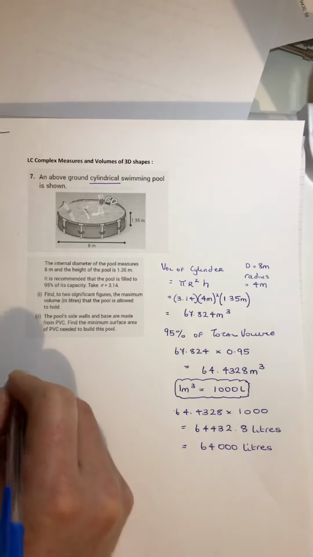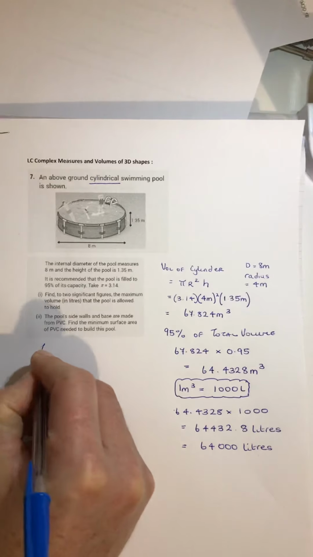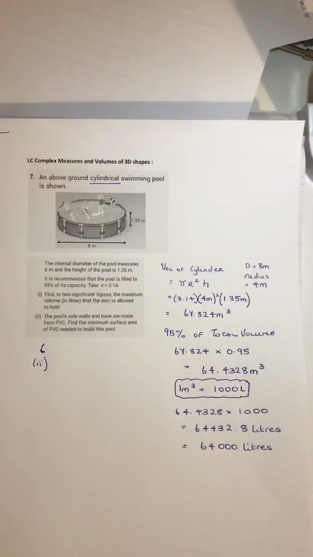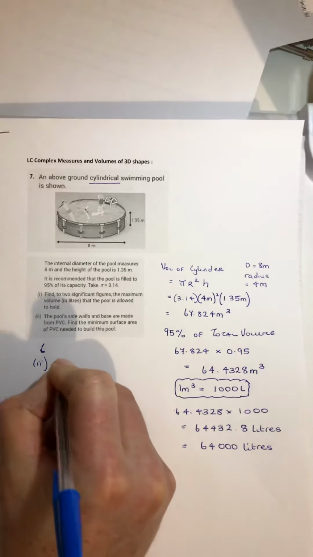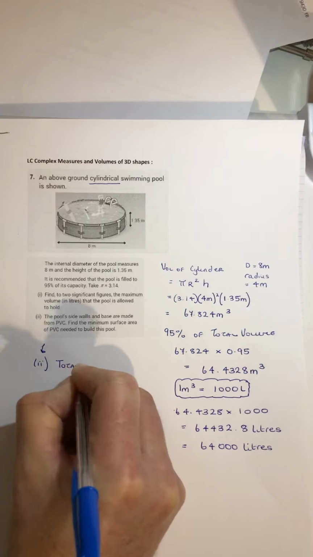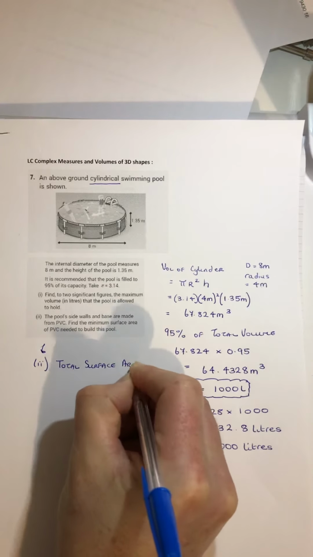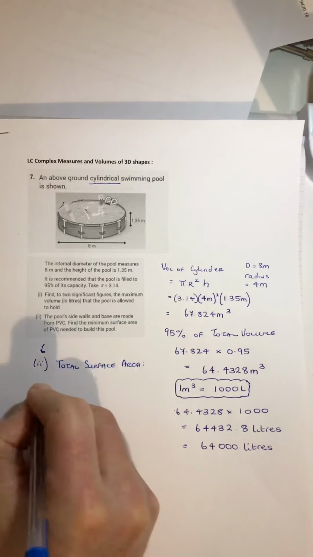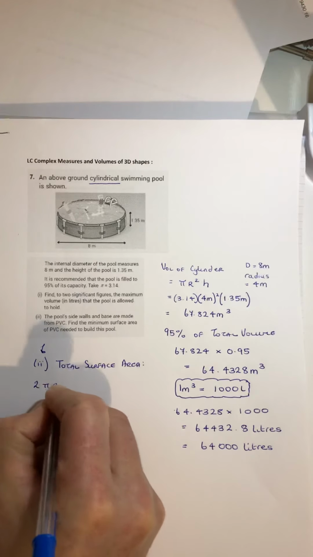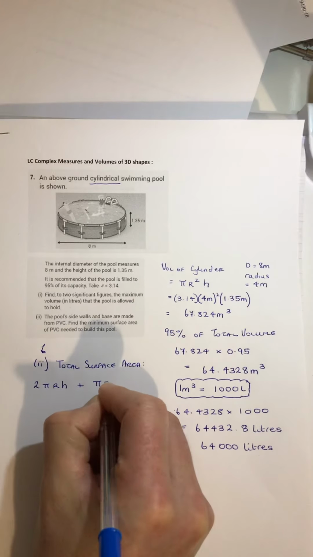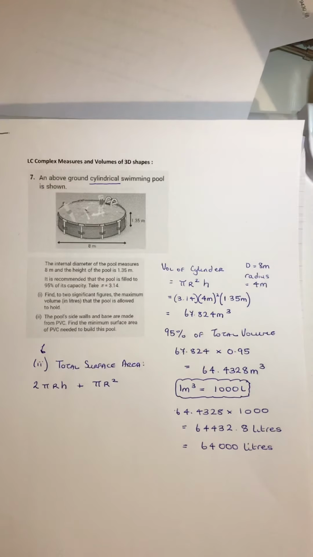Now, the pool sides and walls, so part 2, are made from PVC. So the sides and the walls, so we want to find the total surface area. And the total surface area of a cylinder is 2 pi r h plus the circle on the bottom, pi r squared for the base.